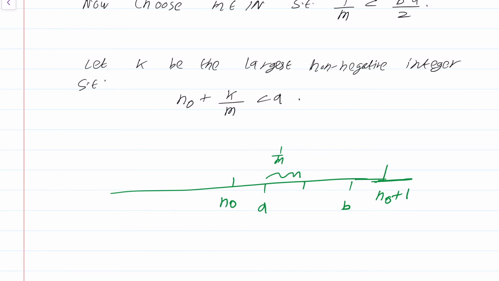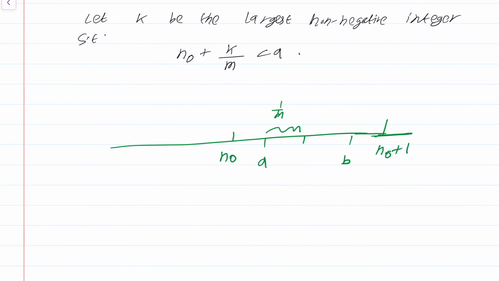Then starting from n naught, we first go to n naught plus 1 by m, then n naught plus 2 by m, and so on, and we are finding the largest integer k such that n naught plus k by m is less than a.